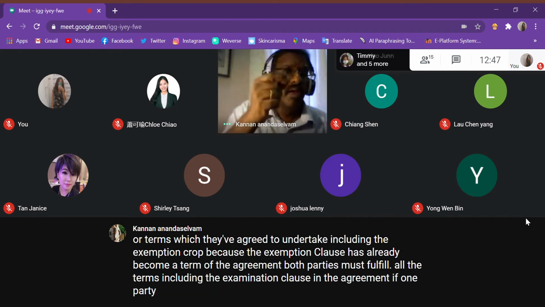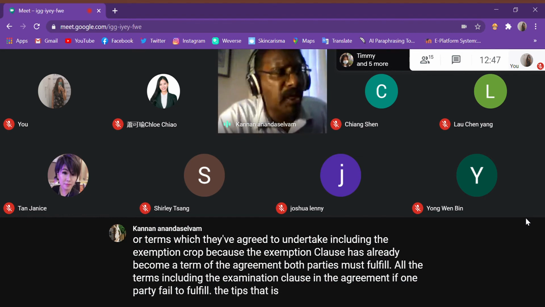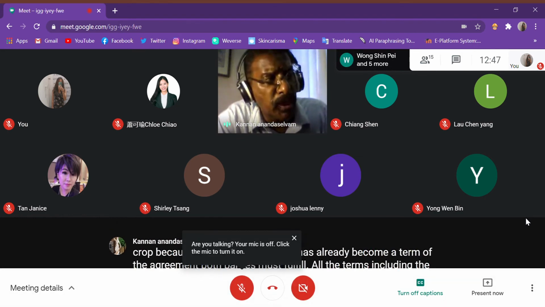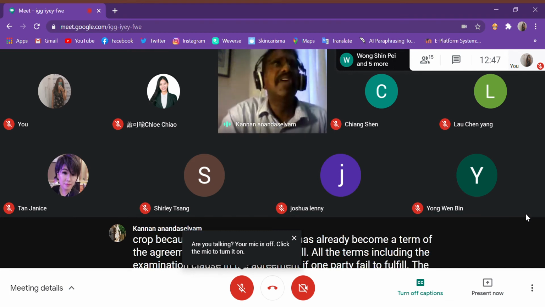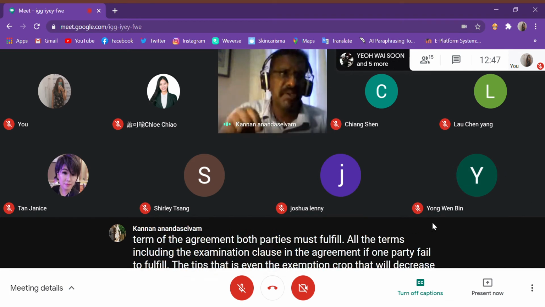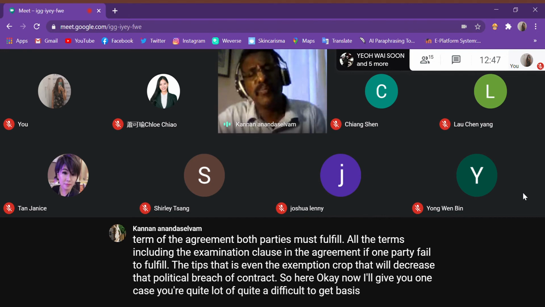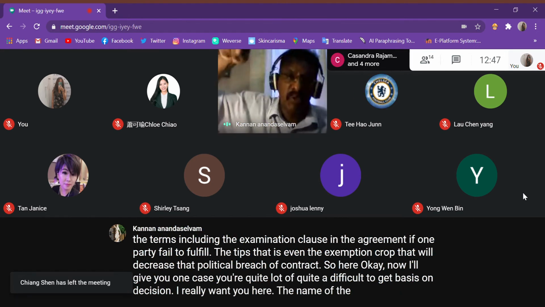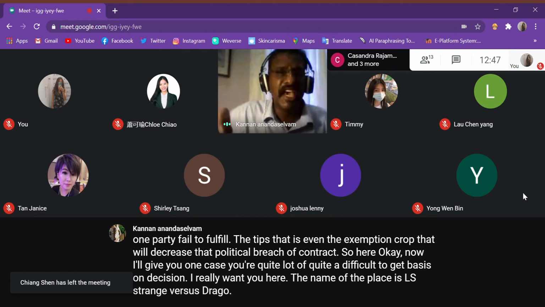So now I'll give you one case here. Quite difficult to get cases on this. The name of the case is L'Estrange versus Graucob. L, capital L, apostrophe, Estrange.